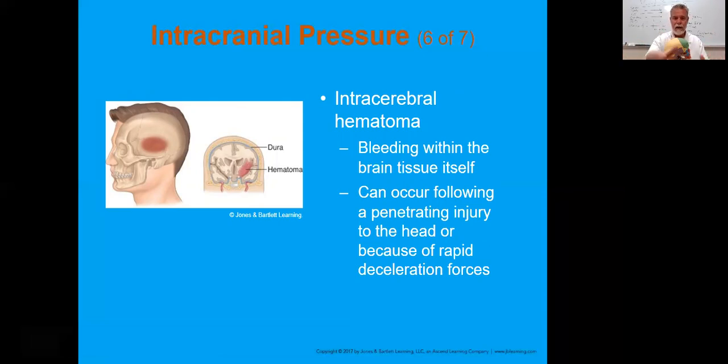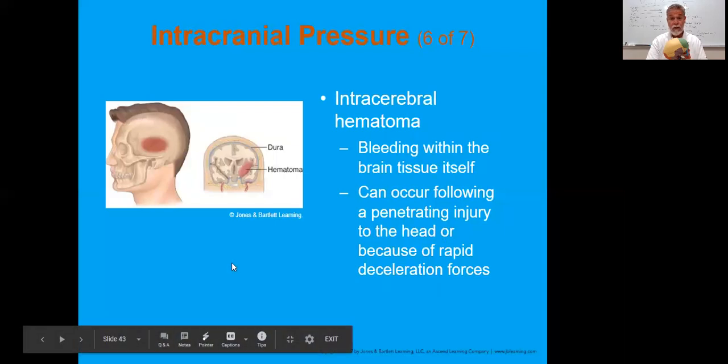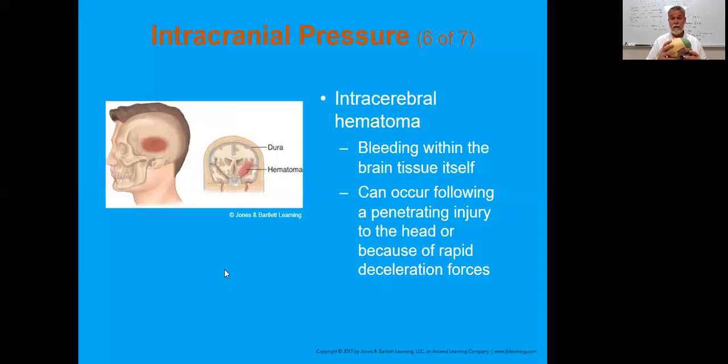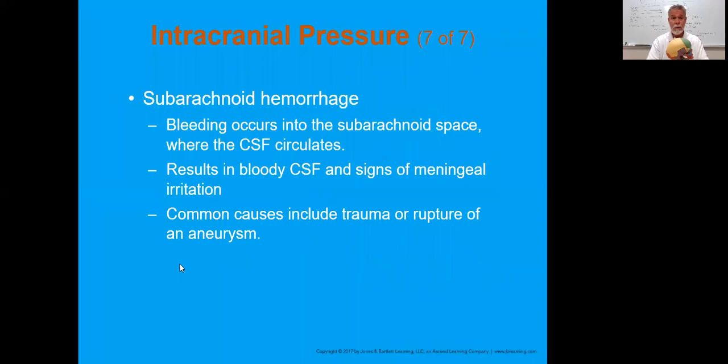I know the illustrations here might not be as clear as if your book's in front of you, but it's a cool combination. How do these happen? Following a penetrating injury to the head, or again, rapid deceleration forces. Why intracerebral? Because it's actually in the brain itself. Something had to penetrate, which caused the brain to start bleeding within itself.